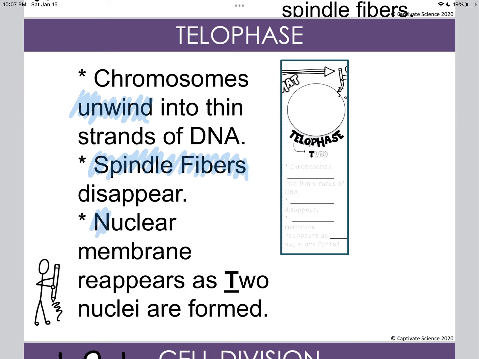The nuclear membrane, so you're writing nuclear, reappears as two nuclei are formed. And we're going to draw what happens in the circle at the end. So the circles, we're going to draw what's going on. Right now, we're just trying to fill in the blanks.